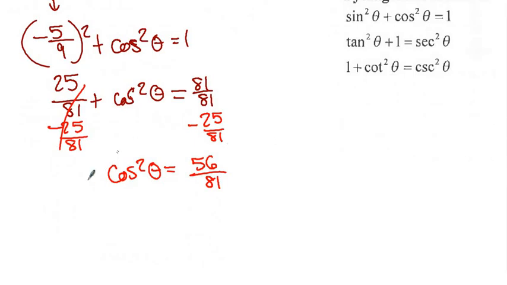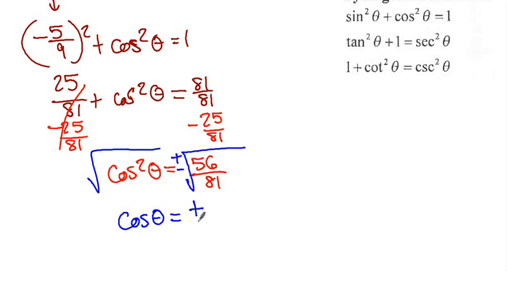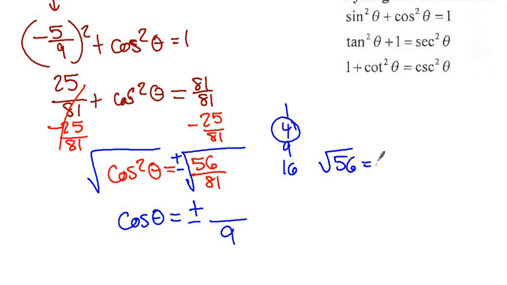So what we would do here is square root this side, and we would square root this side, and whenever we take the square root we put a plus or minus in front. So plus or minus square root of 81 is 9. Square root of 56, if you look at 56, a perfect square goes into it. It turns out to be 4 times root 14, which is the same as 2 root 14. Okay, so we found out that cosine is either positive or negative 2 root 14 over 9.